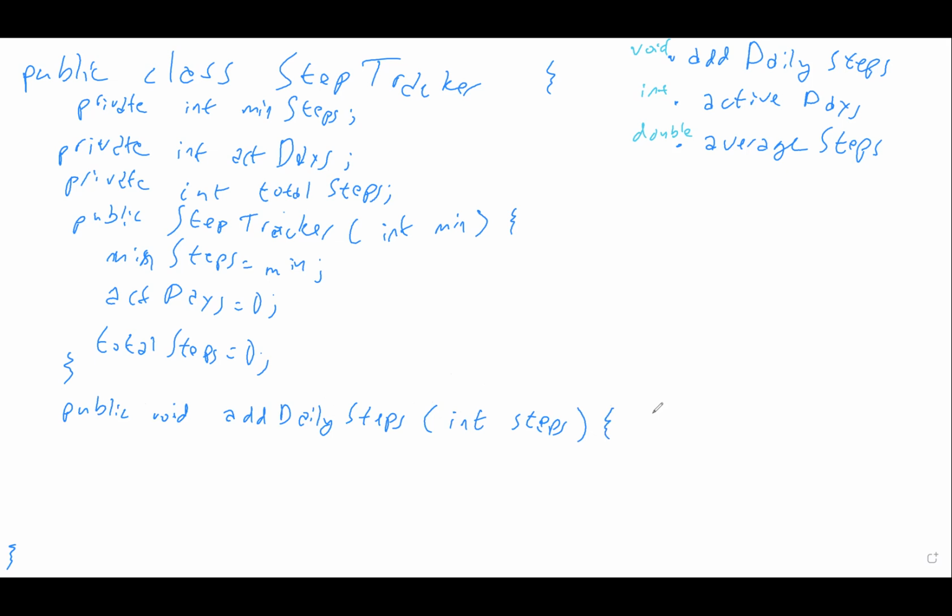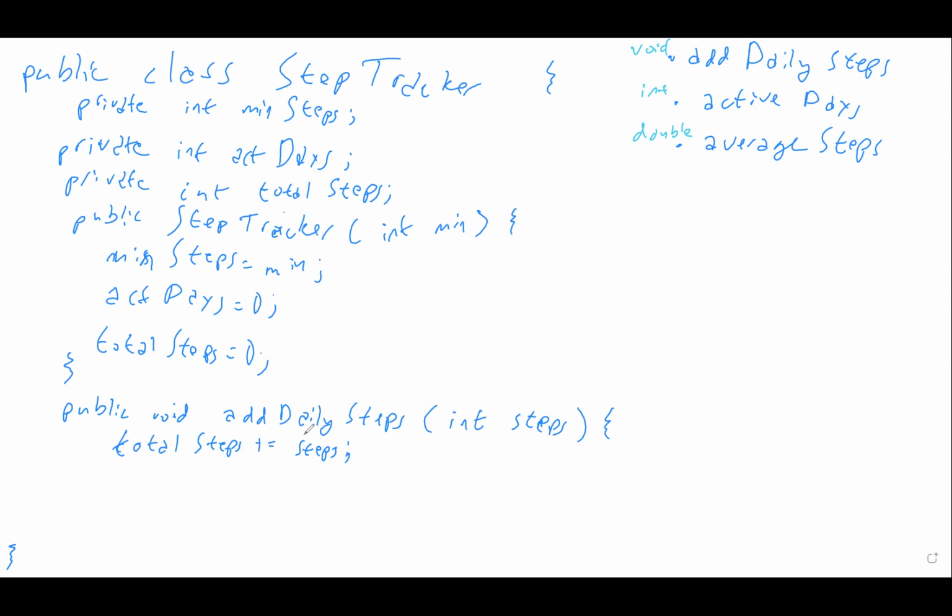All right, so what are we going to do with that steps variable? The total steps plus equals steps. That's it, right? We want to keep track of if this was an active day or not.